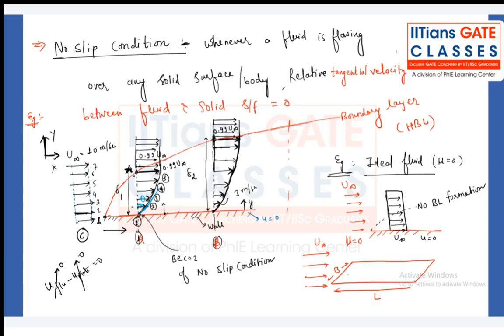If you draw the locus of all those locations, you will find one layer. That layer is called the boundary layer or hydrodynamic boundary layer. The thickness measured in the normal direction, perpendicular to the wall, where the velocity is 99% of the free stream velocity, is called the boundary layer thickness, delta.